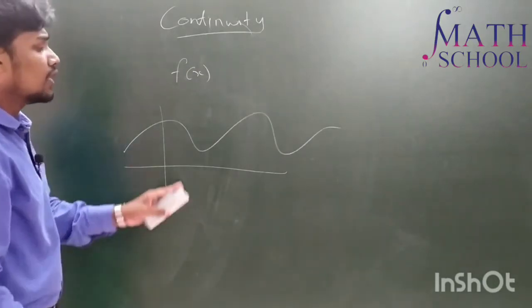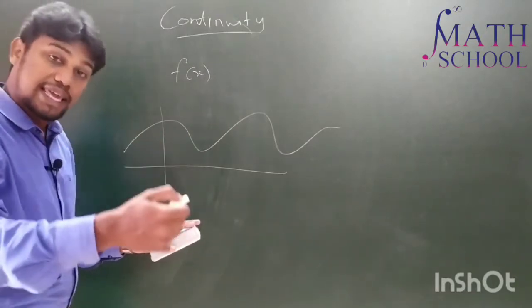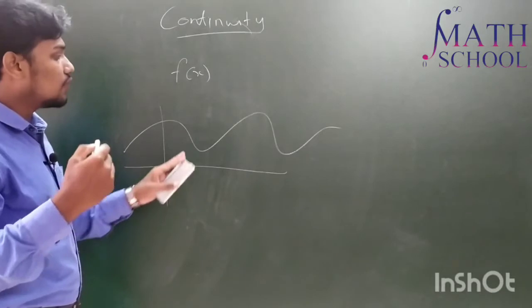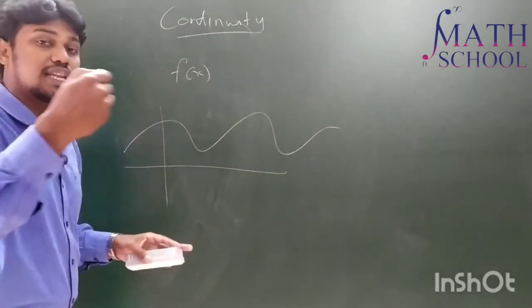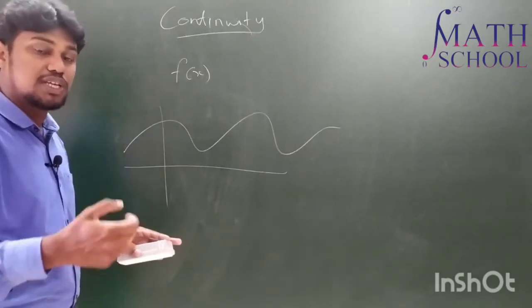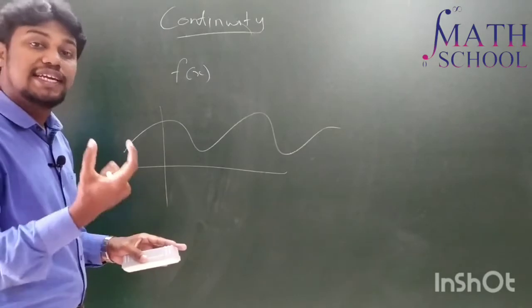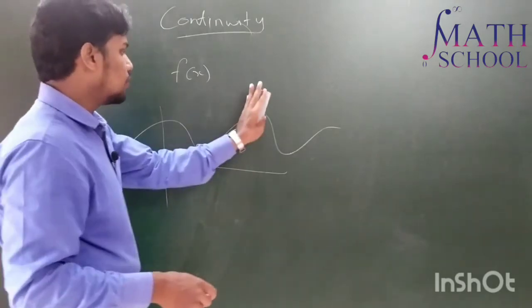As I said earlier, whatever definition we learn, we have to learn the negation of that too. We say this function is continuous. What is the negation of this statement? That it is not continuous. We can use the mathematical term discontinuous. Now look at this graph.